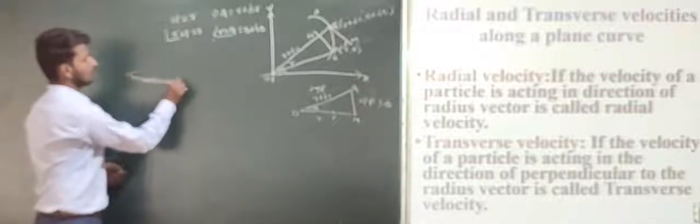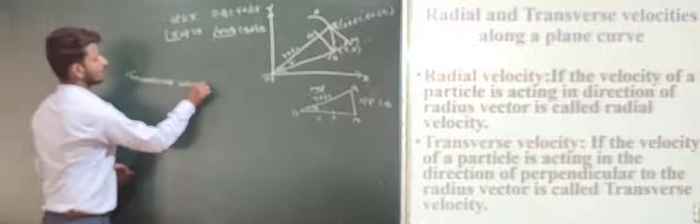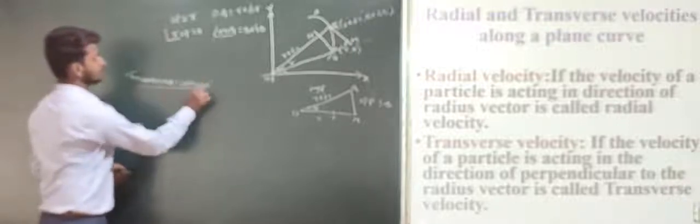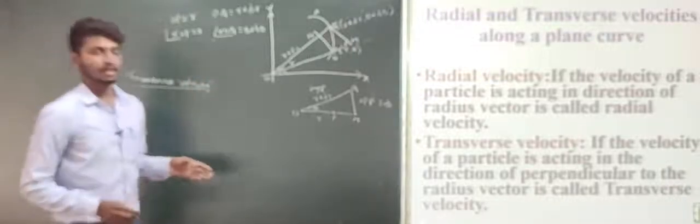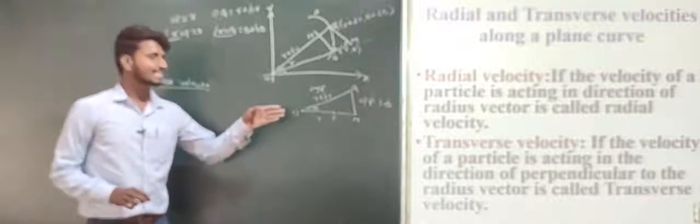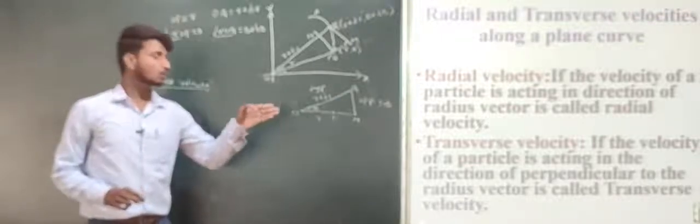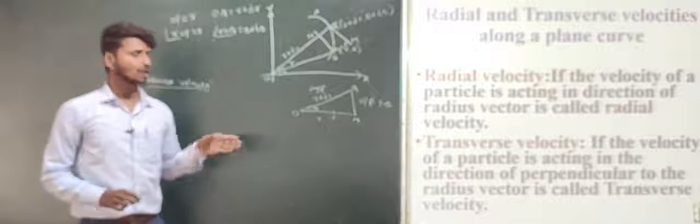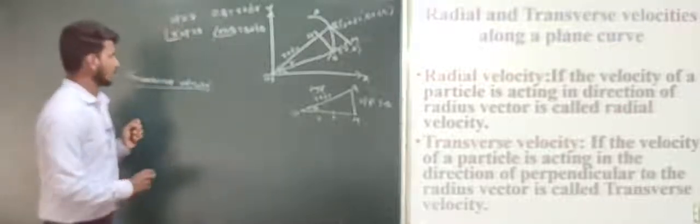Transverse velocity. If the velocity of a particle is acting in the direction perpendicular to the radius vector, it is called the transverse velocity.